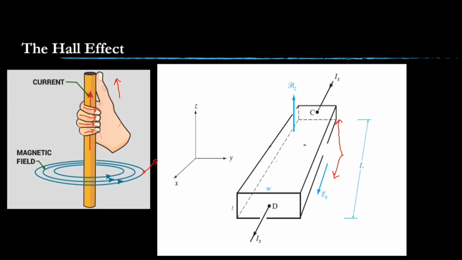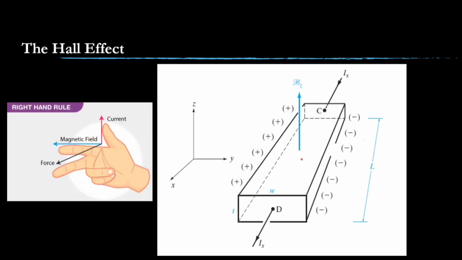We have an electric field in this direction, epsilon x. We have a magnetic field in this direction, and a current flow in this direction, and the velocity of holes is again in this direction, which I can call Vx. A magnetic field is acting in the Z direction and a current is flowing in the X direction.